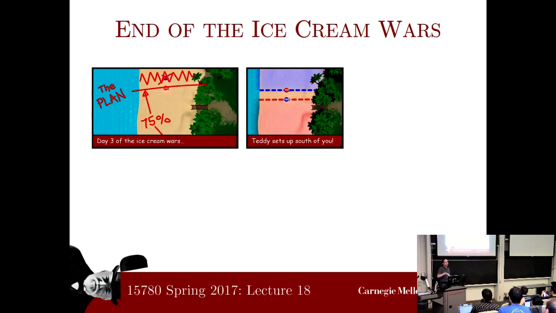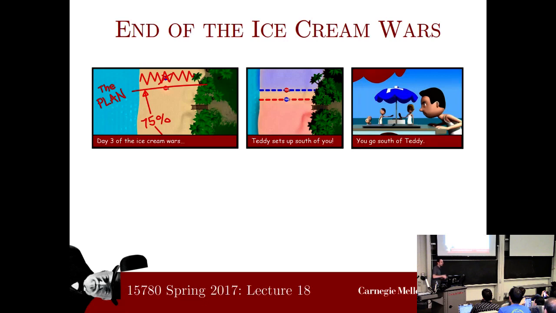So again, we're at the 3/4 point. He's just south of us, so he gets almost 3/4 of the customers. That's also bad, so we'll do the same thing and set up a bit south of Teddy. This kind of war can go on for a while.